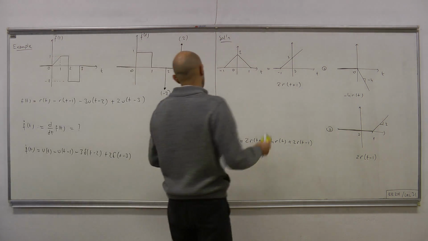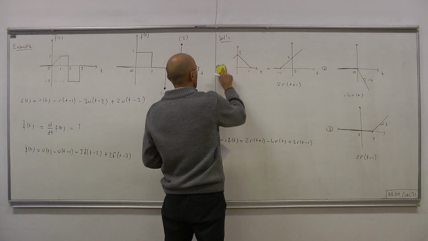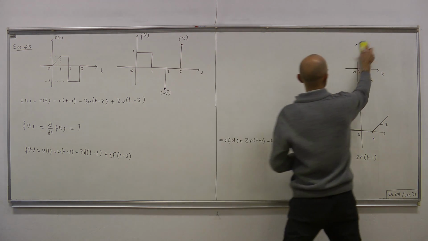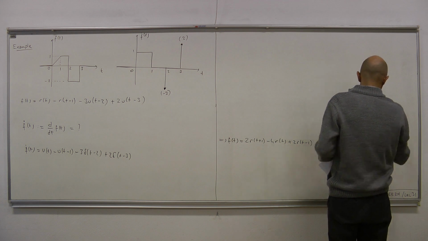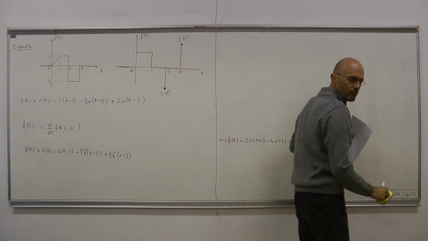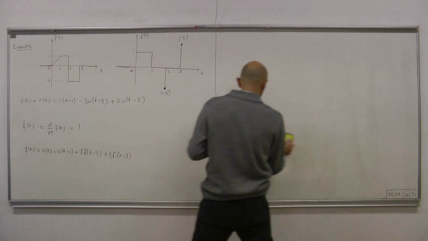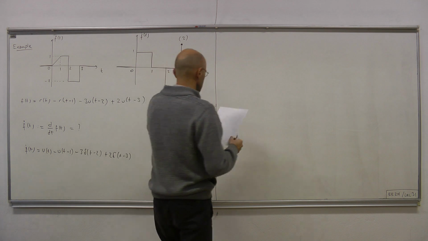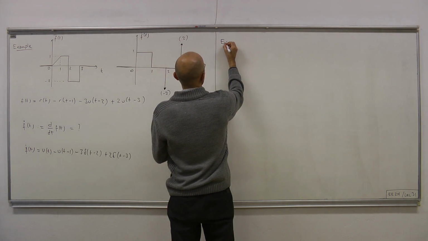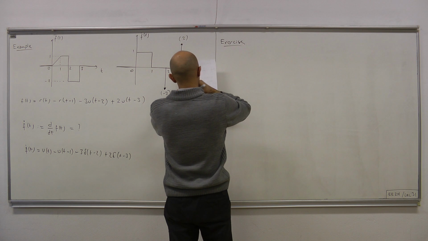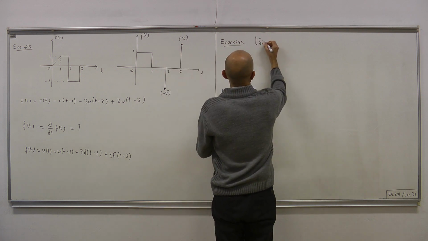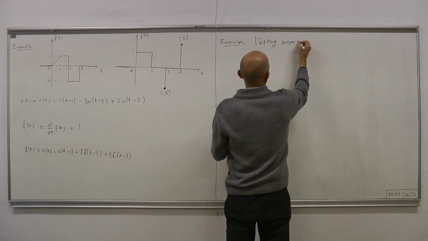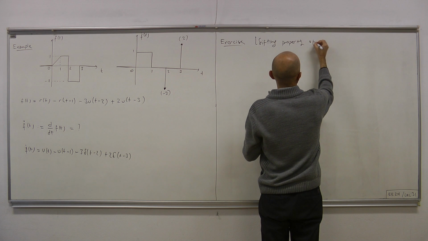Now let's end our discussion of elementary functions by an exercise. This is called the sifting property of the impulse function.